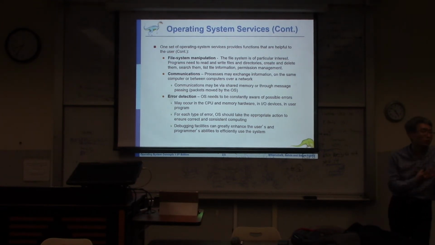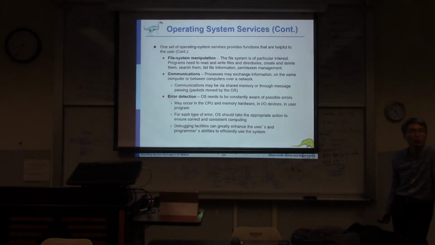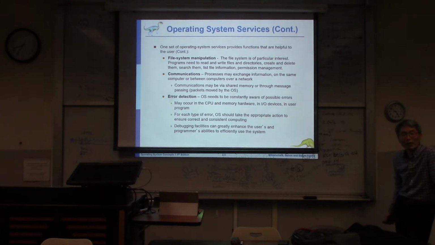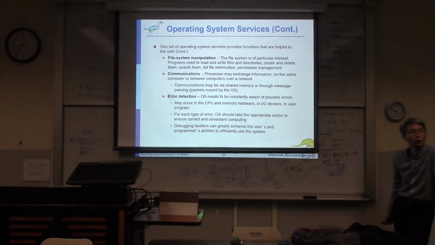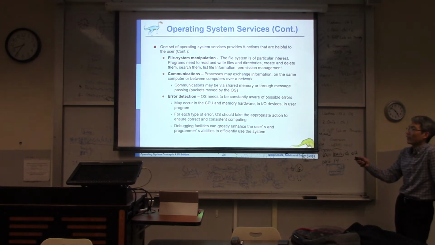Sometimes several processes work together, which means they need to communicate. So for that, the operating system provides a communication mechanism. The communication and the program execution are the main purpose of your first programming assignment. So you are able to create a number of processes, and also you are able to communicate.